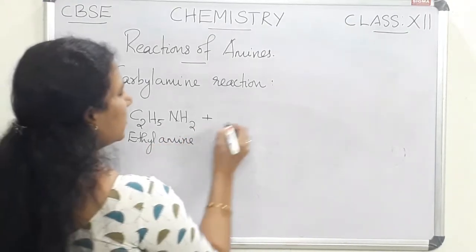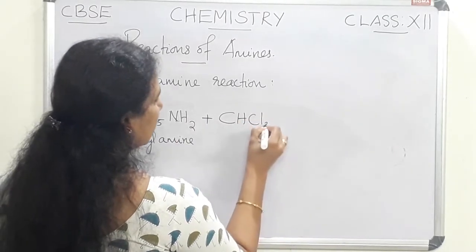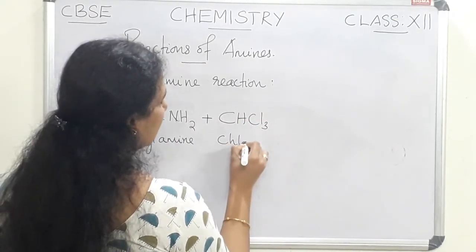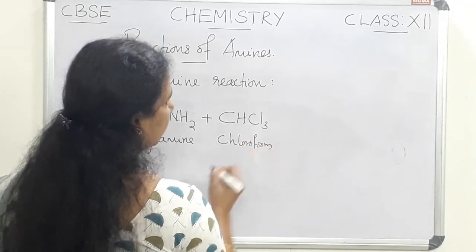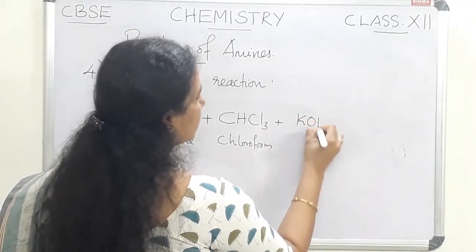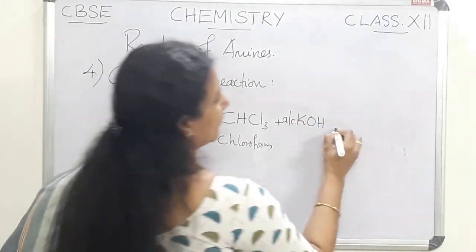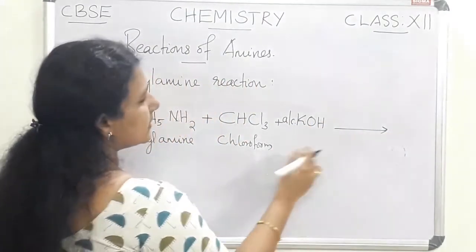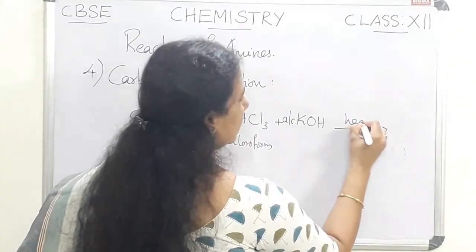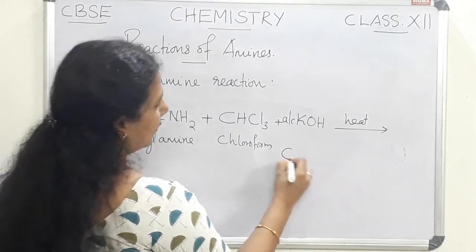It reacts with chloroform, CHCl3, the reagent, in basic medium. So KOH is needed, alcoholic KOH. The reactants are heated, so heat is needed. Here an isocyanide is formed.